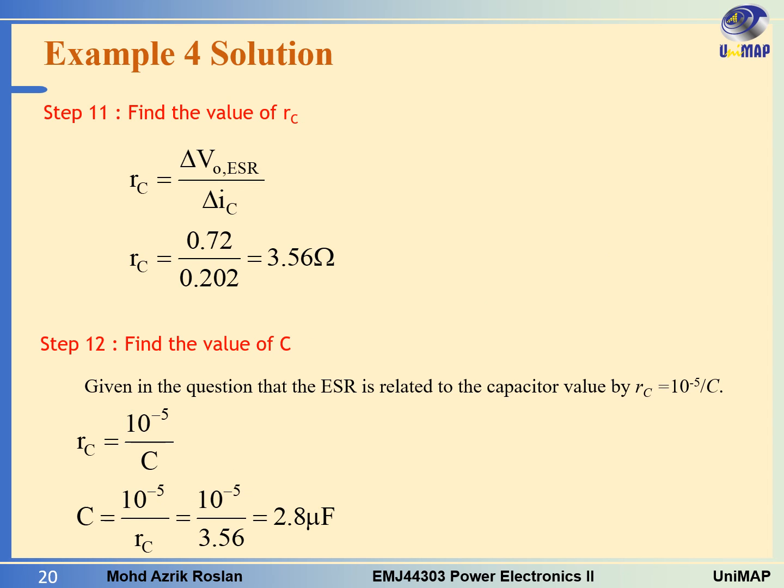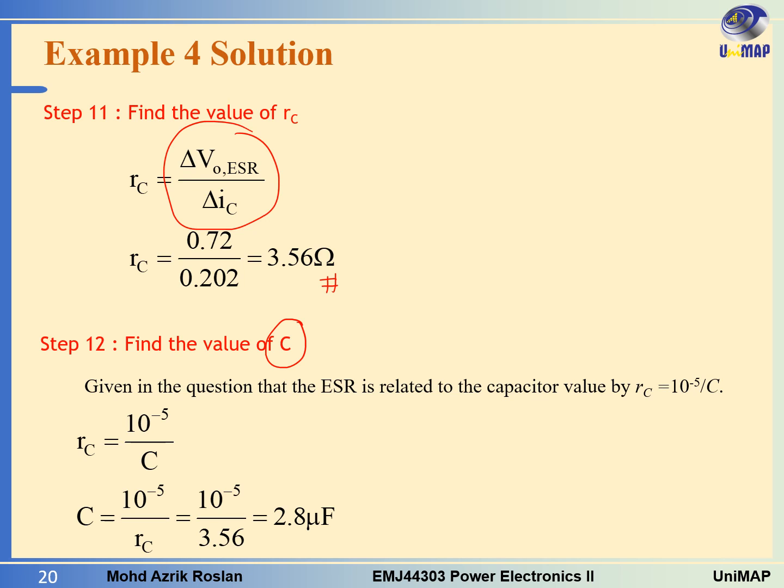Then for step number 11, you need to find the value of RC. So you know that delta V out ESR divided by delta IC is equal to RC, and then the value of RC is 3.56. And then finally we need to find the value for the capacitor itself.